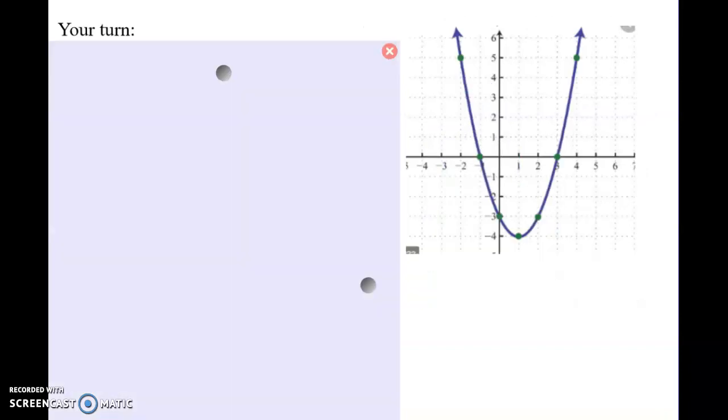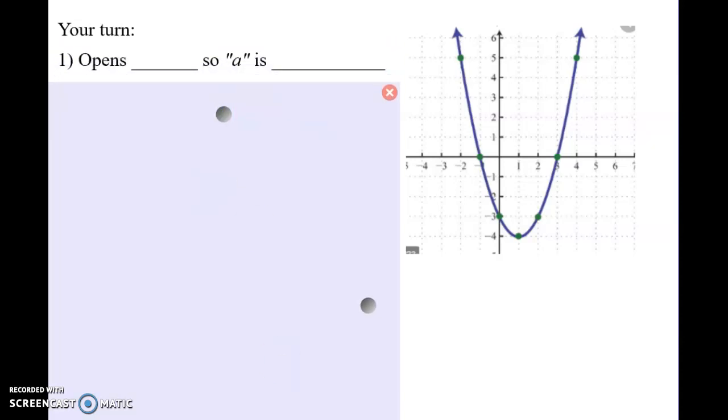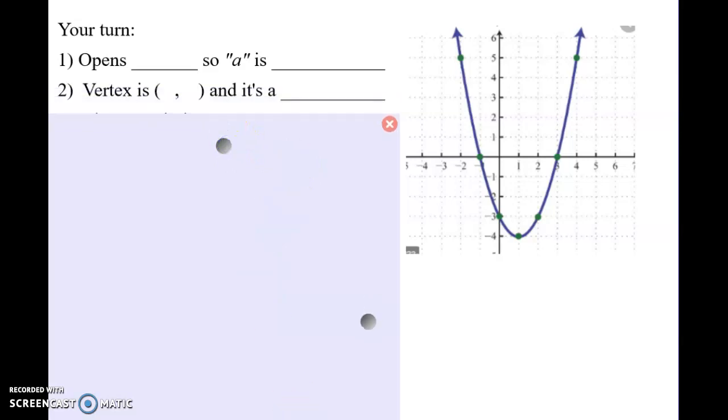Your turn. Take a look at this particular parabola. How does it open? So what is the a? The vertex is, and it's a maximum or a minimum.